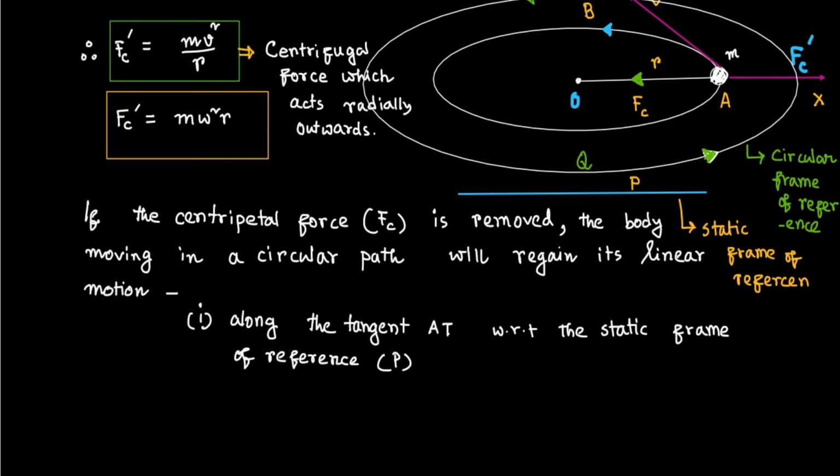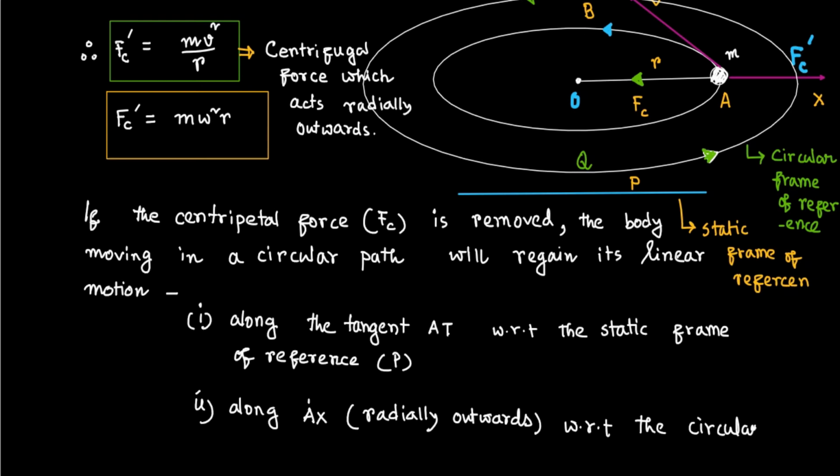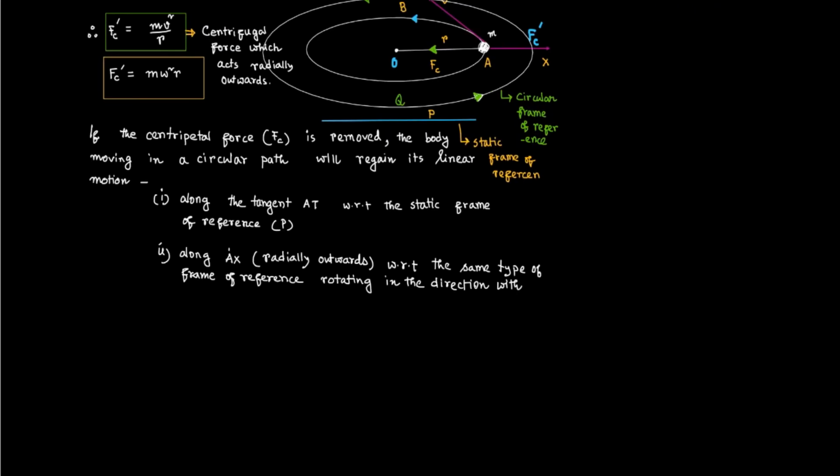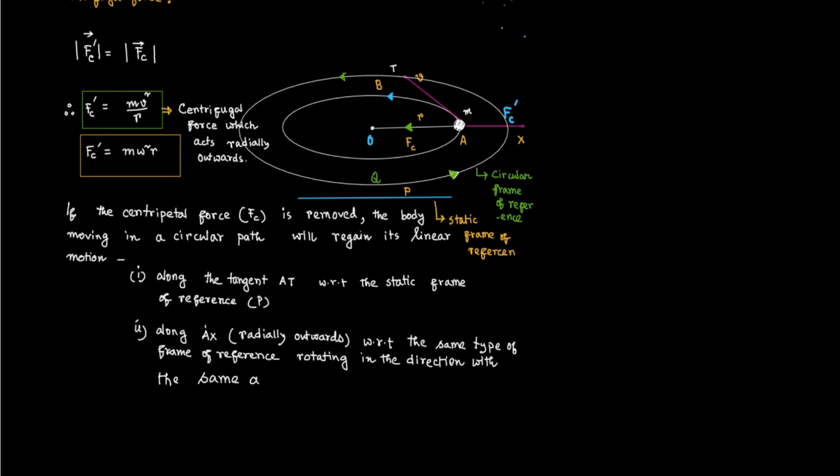The body will regain its linear motion along the tangent AT with respect to an observer standing in static frame of reference P. And the body will regain its linear motion along AX, that means radially outwards, with respect to an observer standing in the circular frame of reference, the same type of frame of reference as that of the body moving in a circular orbit, revolving or rotating in the same direction with the same angular velocity as that of the body.